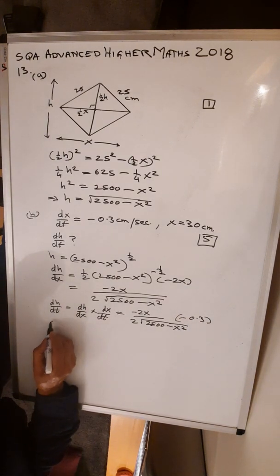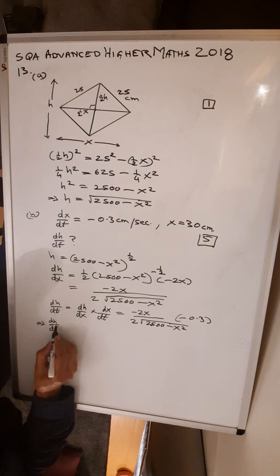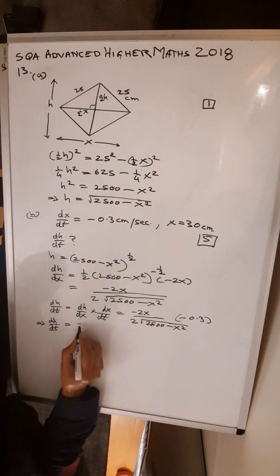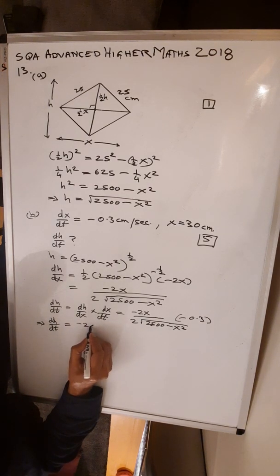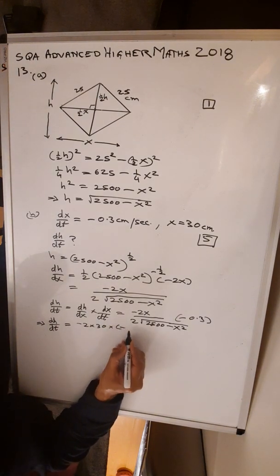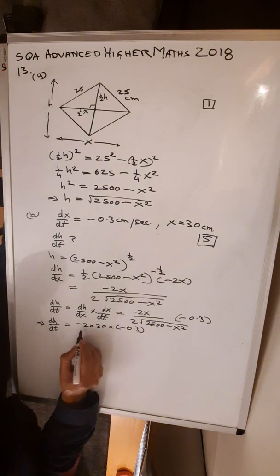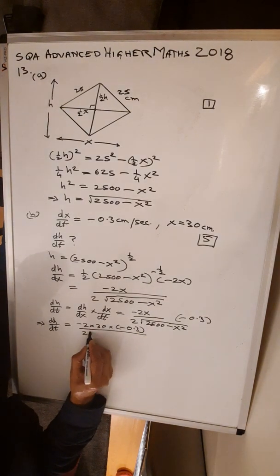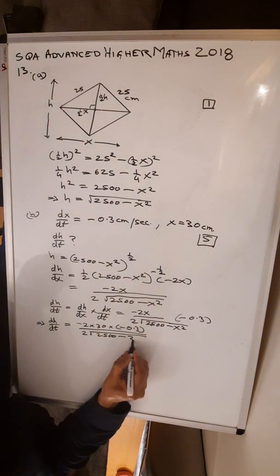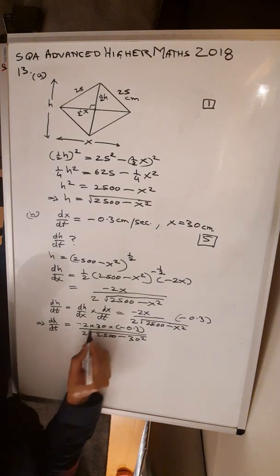Now that means that dh by dt is equal to minus 2 times 30 times minus 0.3, all over 2 times the square root of 2500 minus 30 squared. The 2's cancel out.